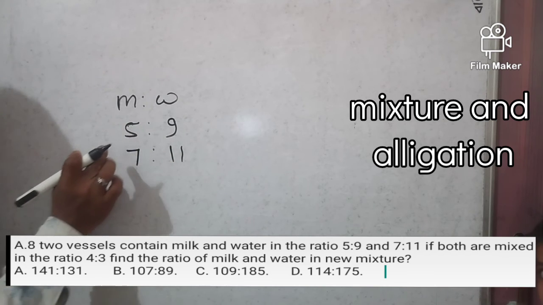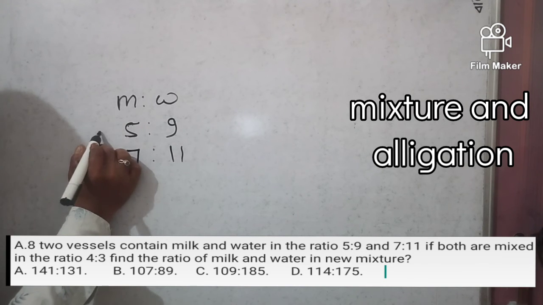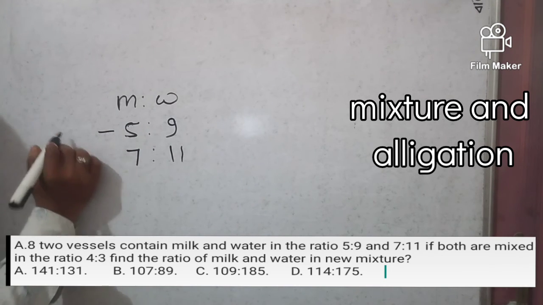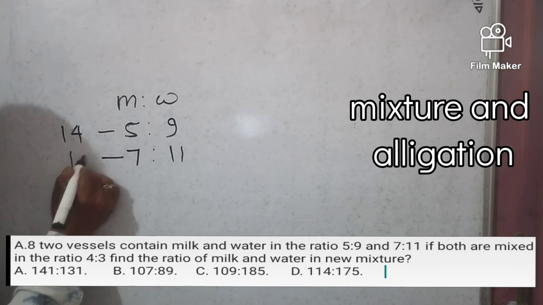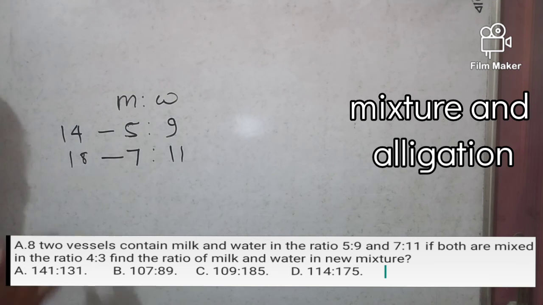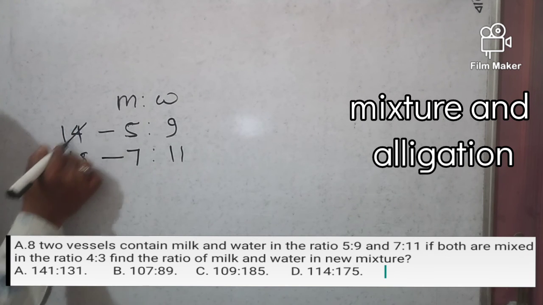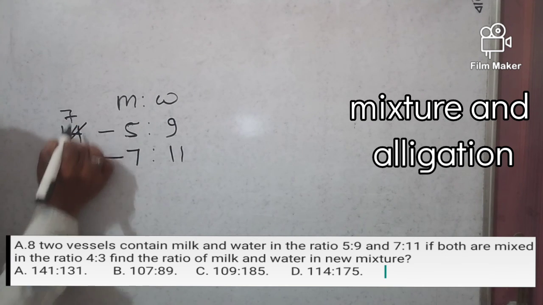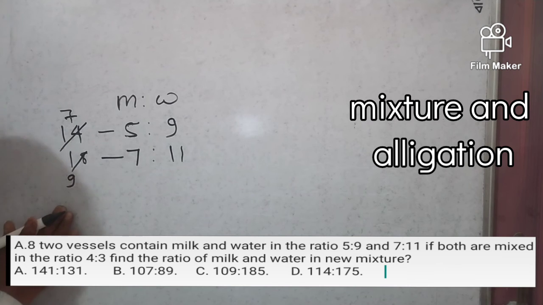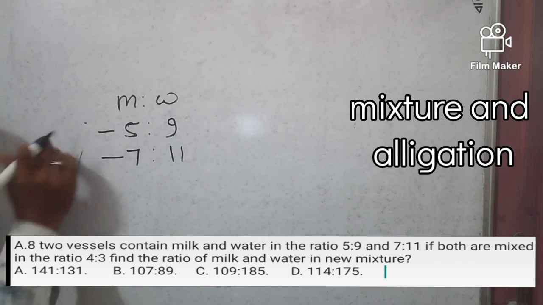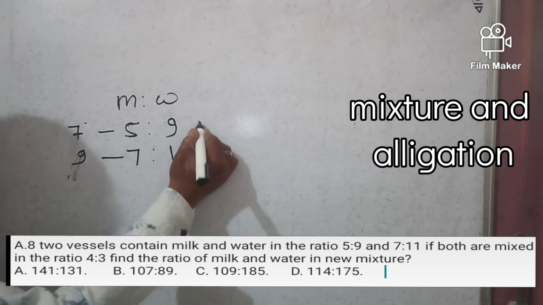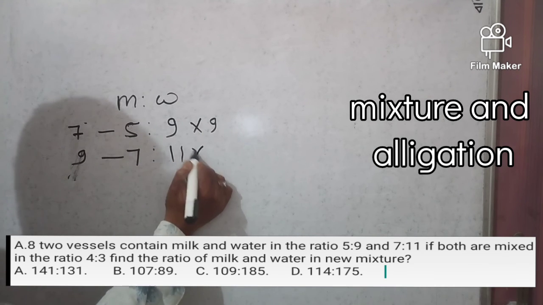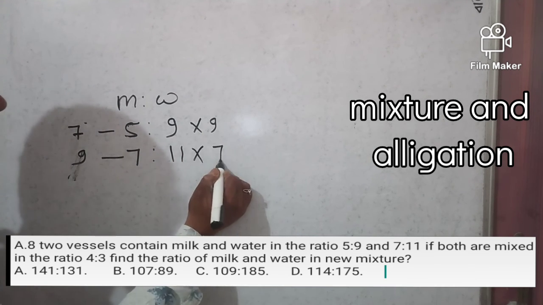So 9 plus 5 is 14 parts in the first container and 11 plus 7 is 18 parts in the second container. So cancellation with 2 gives 7 and 9. Now multiply the upper with 9 and the lower with 7.